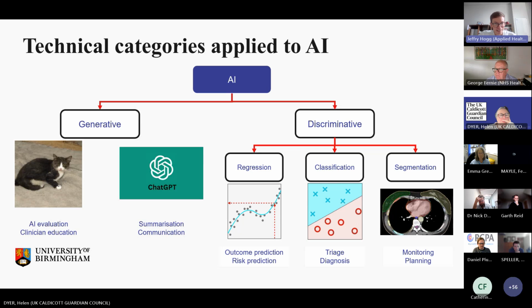The other little box there, the ChatGPT logo, is there to indicate or refer to large language models and their role in healthcare, which can be summarization, which we've heard about with AI scribes and ambient voice technologies we'll touch on a bit later, and those kind of use cases. On the discriminative side, there are uses that have been around for a while. So regression is where the output is actually just a continuous number.